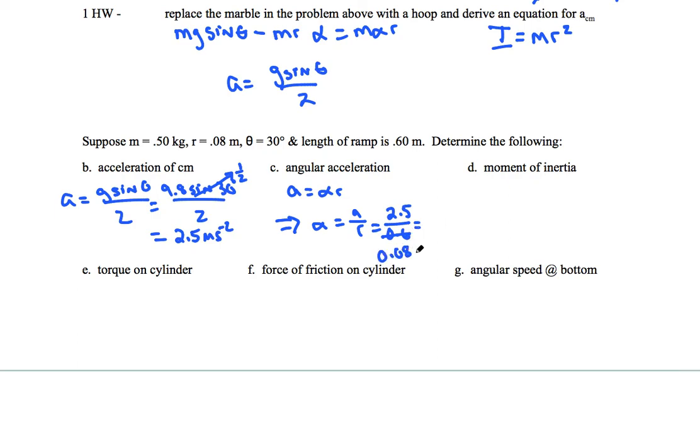That's where I made a mistake. All right, so my r is 0.08. So now that gets me what I have written down here, 31 rad per second squared.